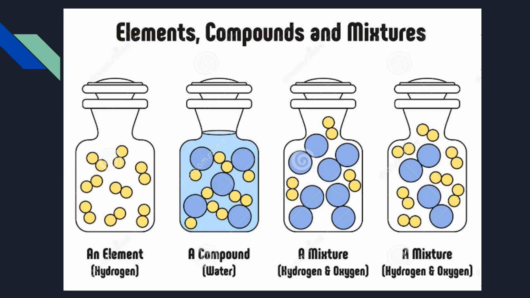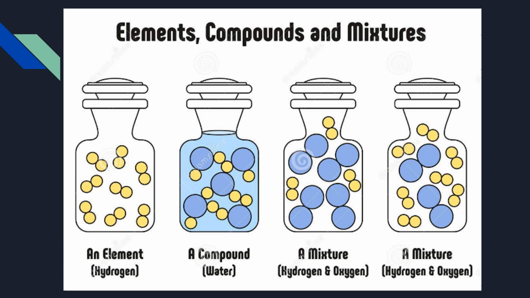And here we have a good representation of elements, compounds, and mixtures. So we have hydrogen as the element, and it just shows the one atom. The second bottle is a compound of water, and it shows the 2 hydrogen, 1 oxygen bonds that make H2O or water.